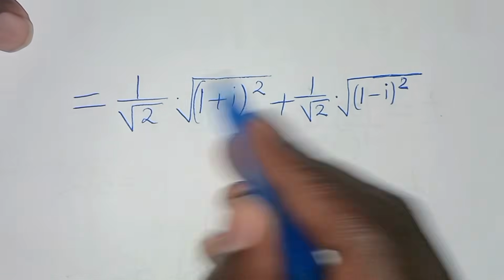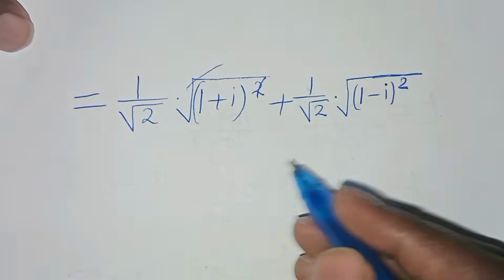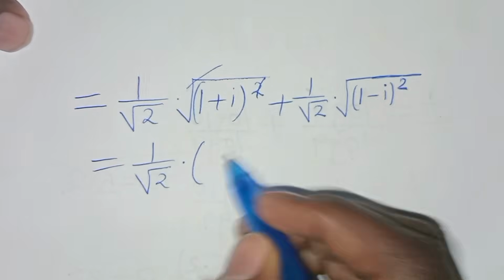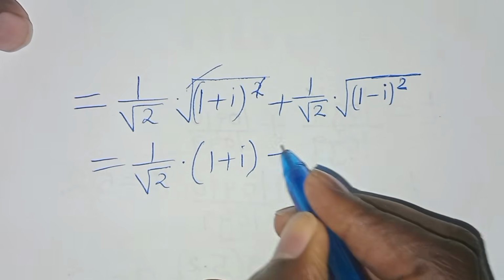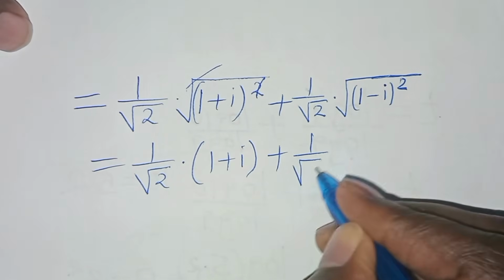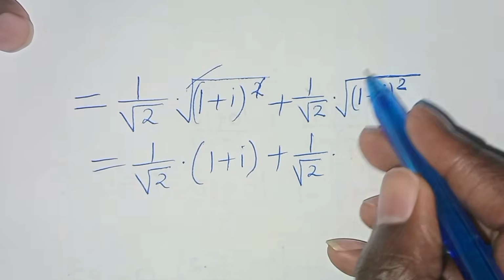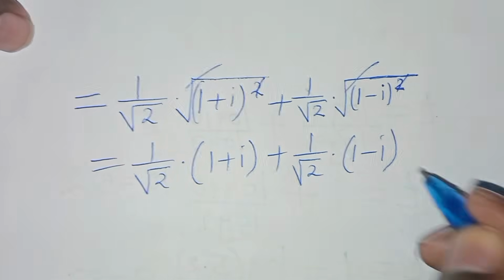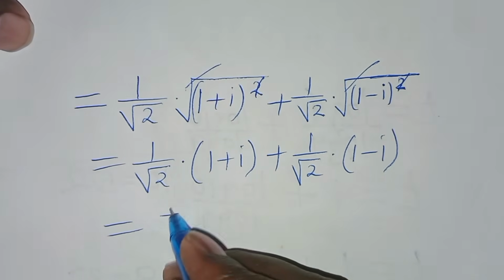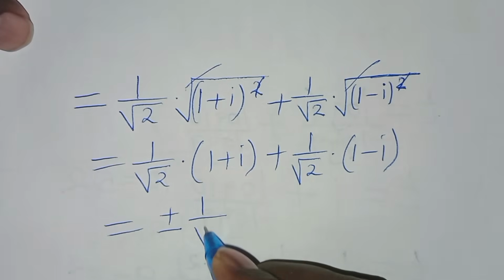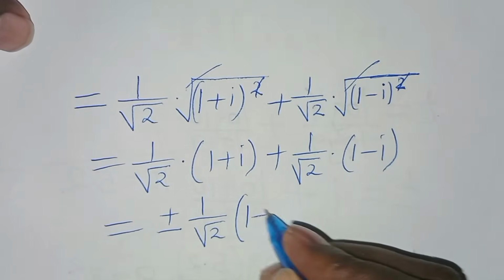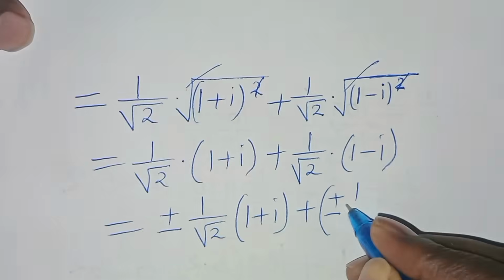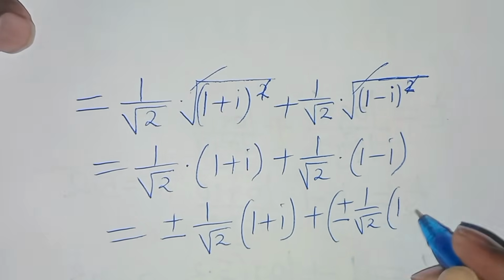Now let's eliminate the square root sign by simplifying here, so that this is 1 over the square root of 2 multiplied by 1 plus i, plus 1 over the square root of 2 multiplied by, now let's eliminate the square root sign here. So this is the same thing as 1 minus i. So here we have plus or minus 1 over the square root of 2, 1 plus i, plus, here you have plus or minus 1 over the square root of 2, 1 minus i.